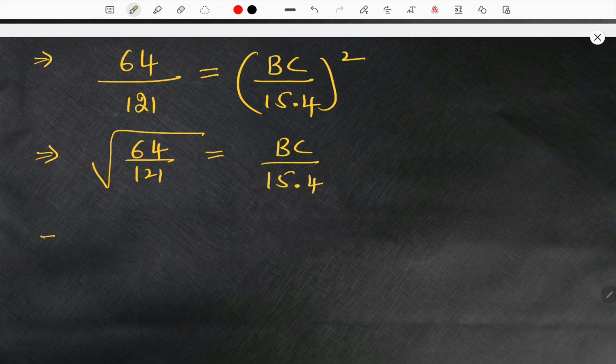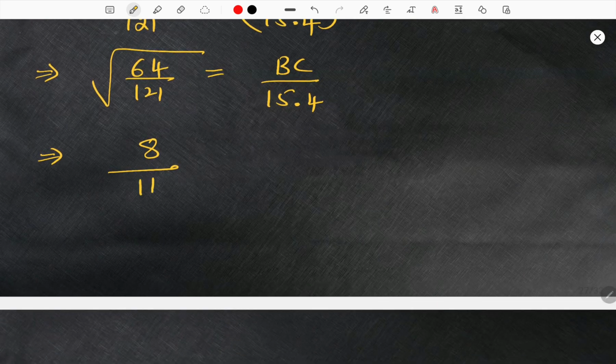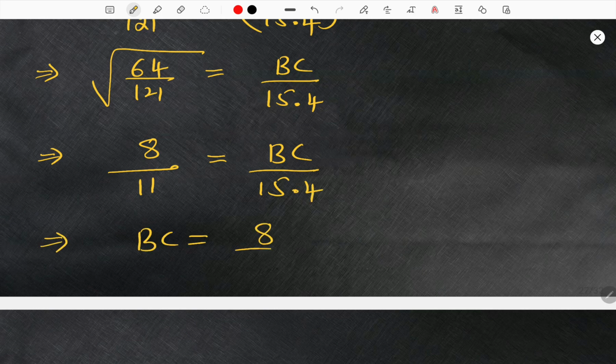Under root 64 becomes 8, divided by under root 121, which is 11, and that is equal to BC divided by 15.4. So let me keep the value of BC there only, and it becomes 8 by 11 into 15.4. 11 ones are 11, then 4 is the carry.